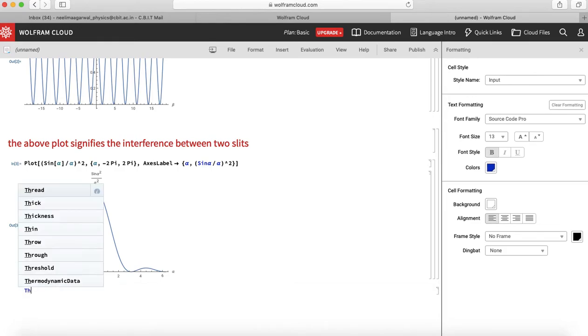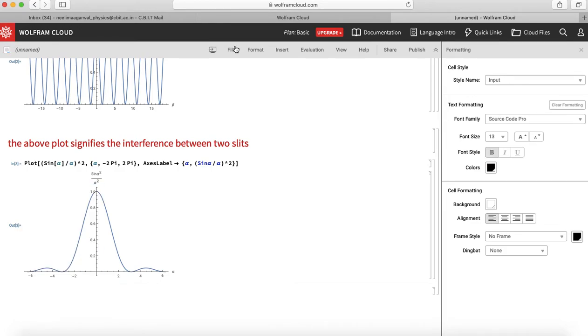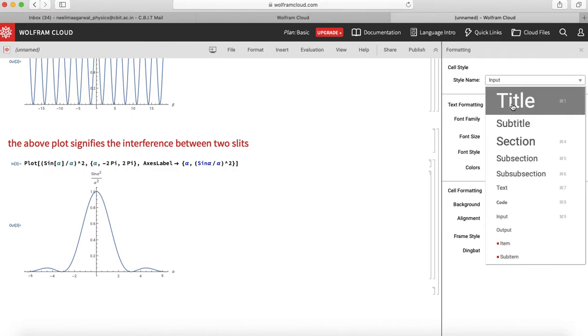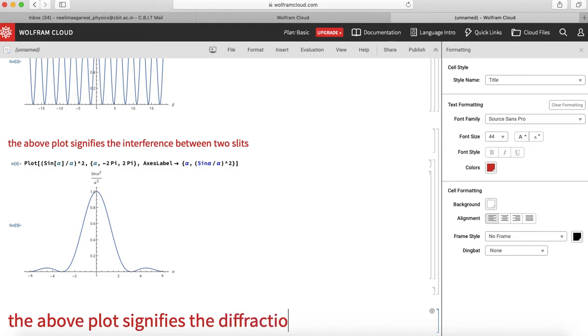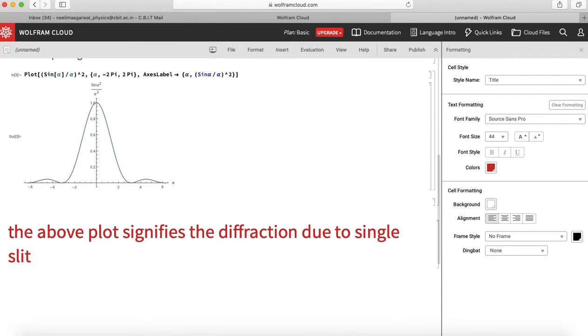So for this plot we need to give the heading: the above plot signifies the diffraction due to a single slit. So you understand what we are heading towards.